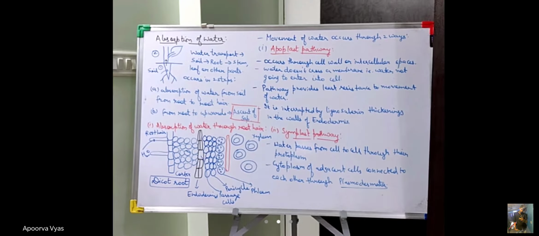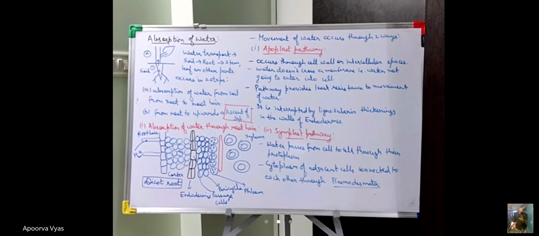First step is the absorption of water through the root hair. You have already studied the structure of the dicot root in the anatomy chapter. How does the dicot root look? First, the outermost layer is the epidermis. The epidermis has several hair-like structures known as root hairs.